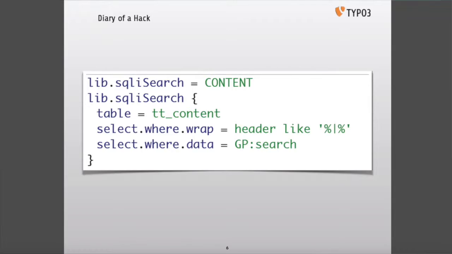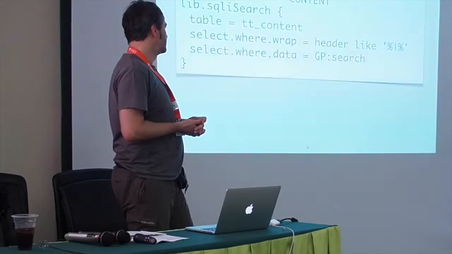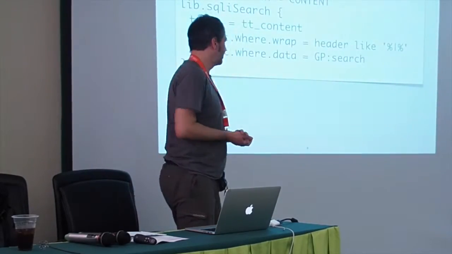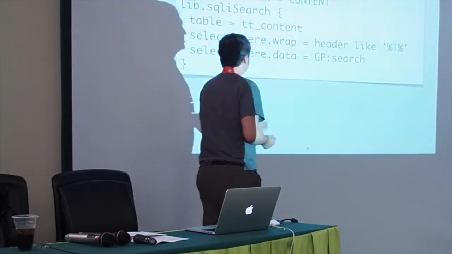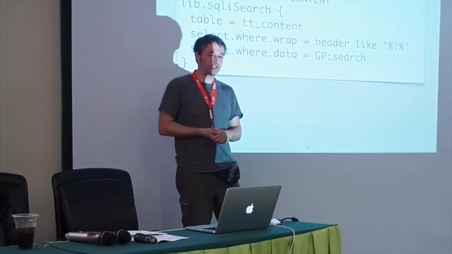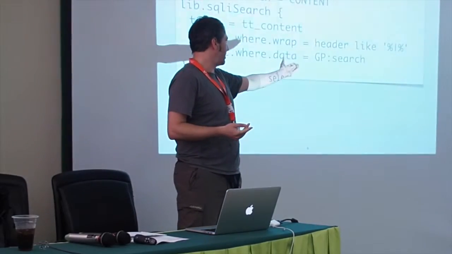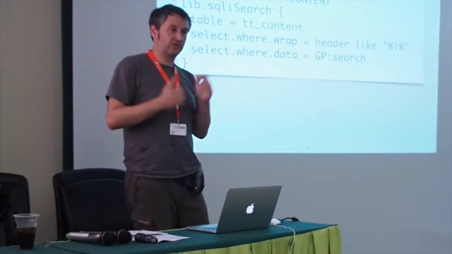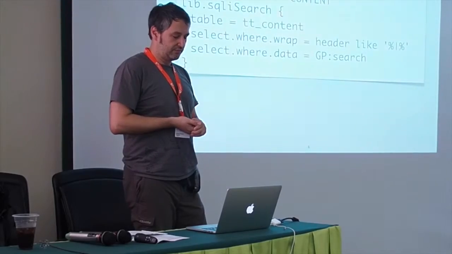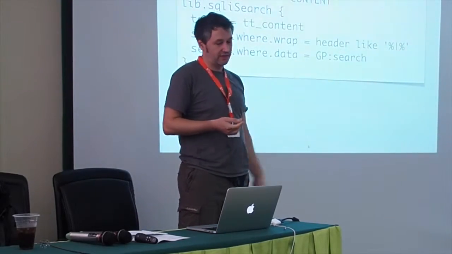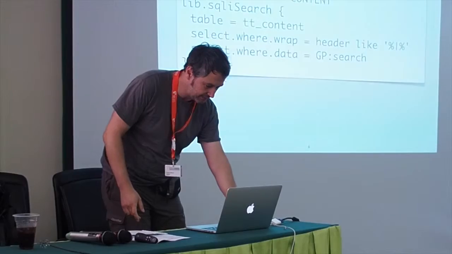The customer also demands a similar feature where people should be able to search for content. Since I'm a TypoScript guy, I can implement basically the same with a content cObject, and I write the query like that. I search in the header if a search parameter is provided. So how does it look?